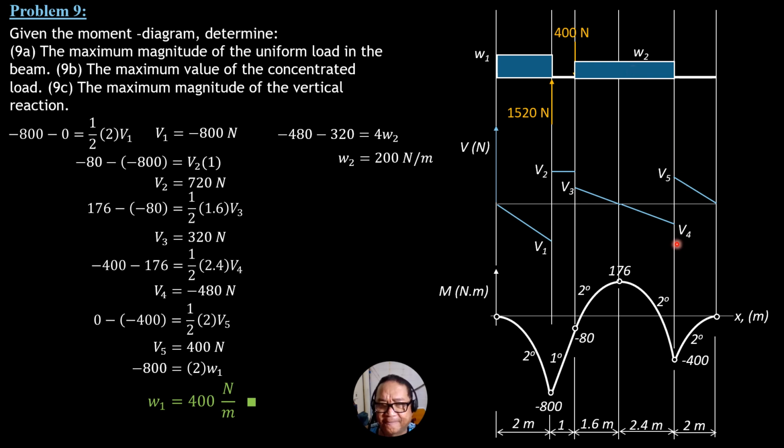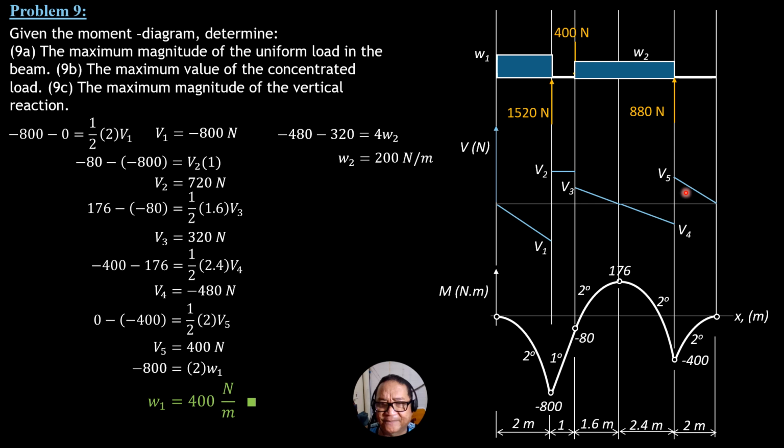Then at this section here, we have V4, V5. There is an upward change in shear. So that means there's an upward force there, a reaction, which is V sub 5 minus V sub 4. So V sub 5, 400, minus negative of negative 480. So that's 880 newtons upward at this point.